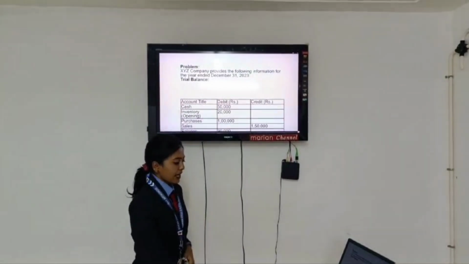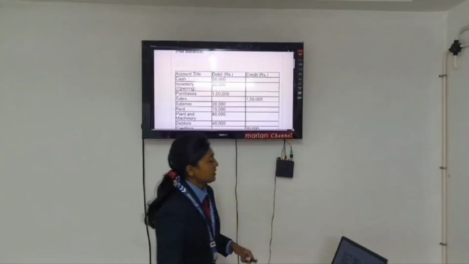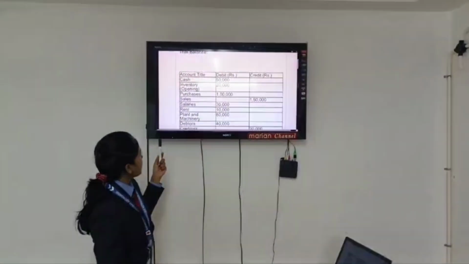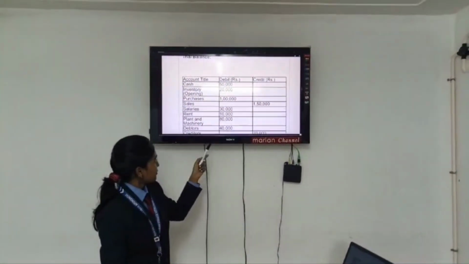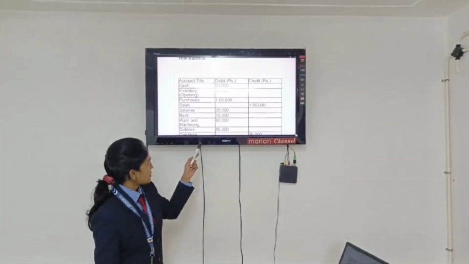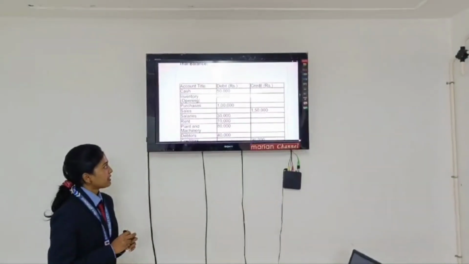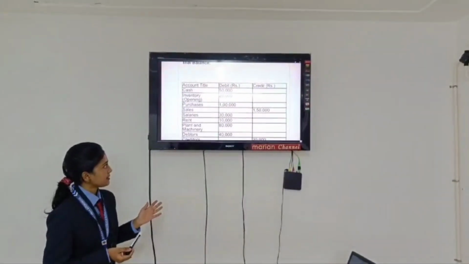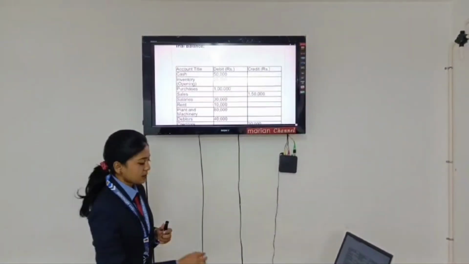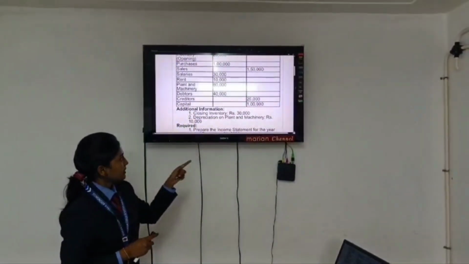The company gives the trial balance for the year ended 31st December 2023, and the details are: cash is debited as 50,000, opening stock is 20,000, purchases is 1 lakh, and sales is 1,50,000. Salaries is 30,000, rent 10,000, plant and machinery 80,000, debtors 40,000, creditors 20,000, and capital is 1 lakh.